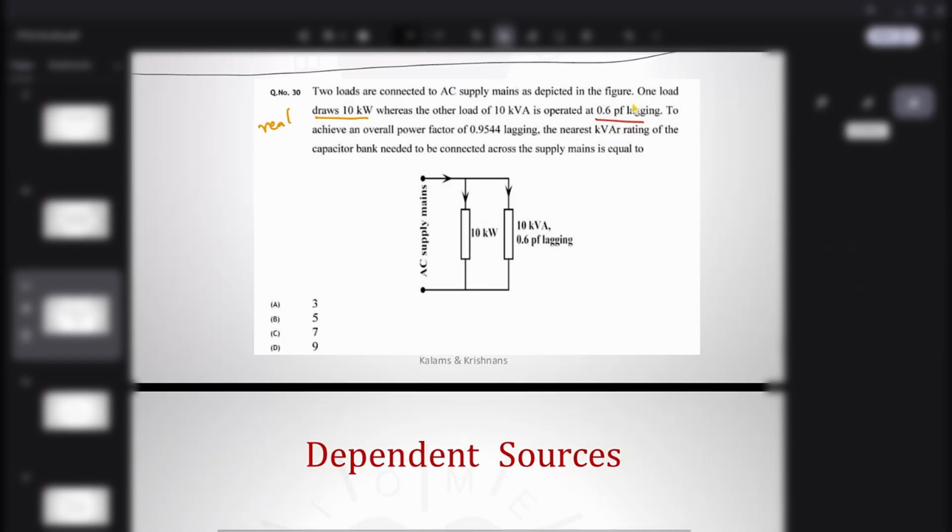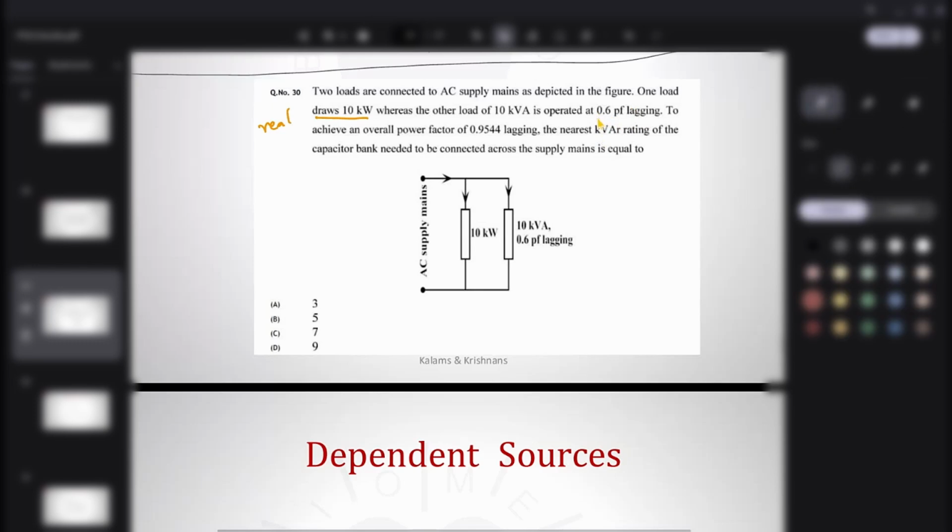Cos of that triangle angle is 0.6. To achieve an overall power factor of 0.95 lagging. Right now, this is 0.6 lagging. You have to modulate it to 0.95. It becomes close to a resistor, right?